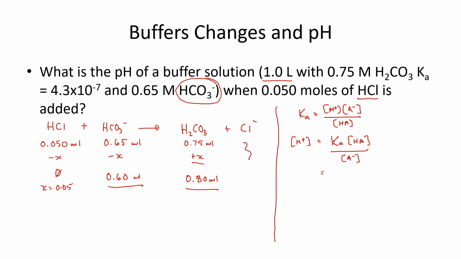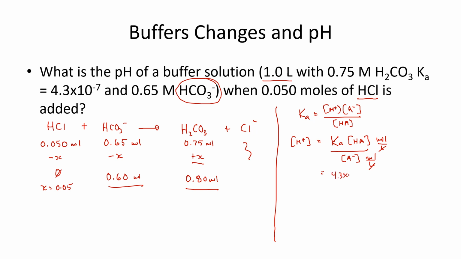Now, because, again, these are in the same volume, we can use moles here, because if this is in moles per liter and this is in moles per liter, well, the liters will just cancel out, so it doesn't really matter if you include the volume at all. So I'm going to use moles. If you want to divide by 1 to get the moles per liter, you'll get the same answer.